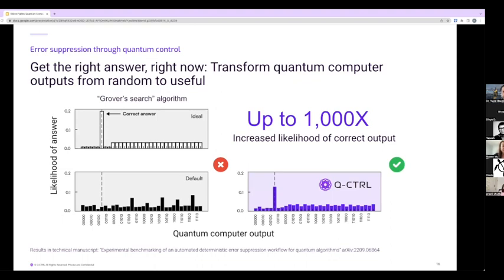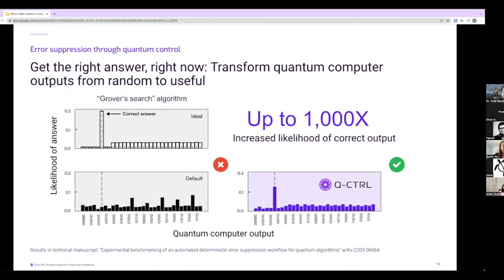So as you can see, when applying these error suppression techniques, we are able to take a completely randomized distribution and turn it into a distribution that actually reflects the correct result, the intended result of what we're looking for in this algorithm.